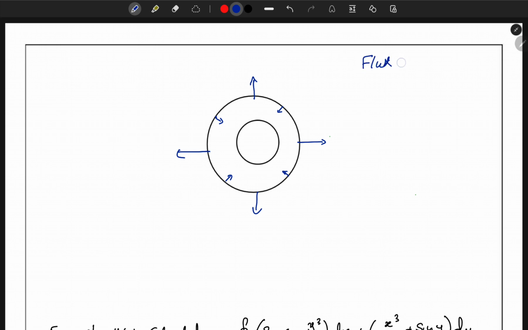So flux of the outer circle is the things going out, let's say arrows going out minus arrows going in.